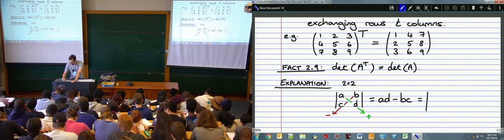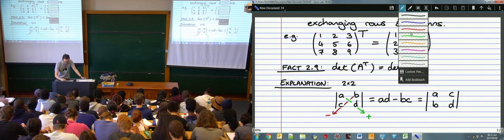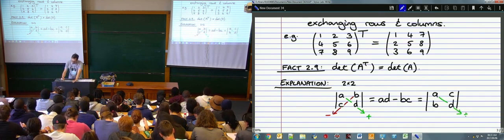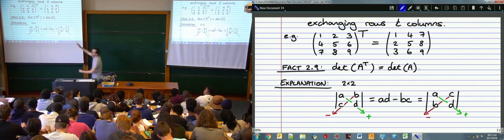And it's pretty easy to check that if I now write down ABCD and write down the transpose, you take that with a positive sign, that with a negative sign, and you get exactly the same thing.